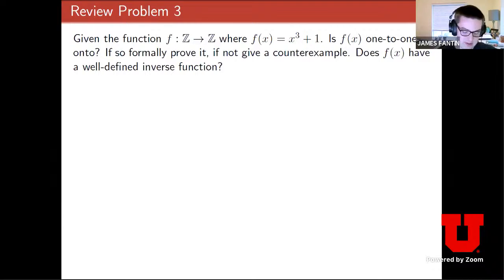We've got a function from the integers to the integers, and it's defined that f of x is equal to x cubed plus 1. And then we need to figure out if it's one-to-one or onto. If so, we need to prove it. If not, we need to give a counterexample. And then based on that, we can figure out if f has a well-defined inverse function and what that would be if it does.